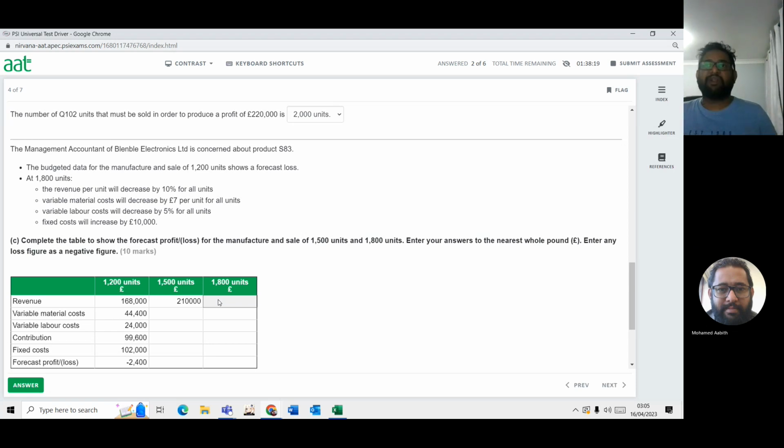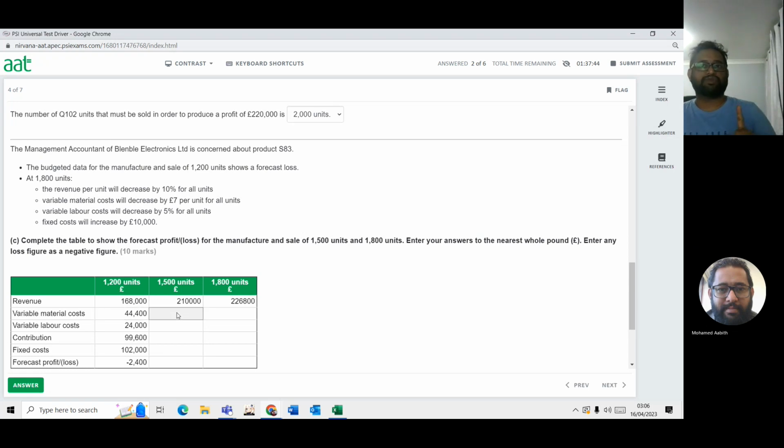So the price will reduce by 10%, so the per unit value is going to be 140 multiplied by 90%, which gives you 126 pounds. That is your sales revenue per unit. So that 126 pounds multiplied by 1,800 new volume will give you 226,800 pounds. So that is the new revenue at 1,800 units.